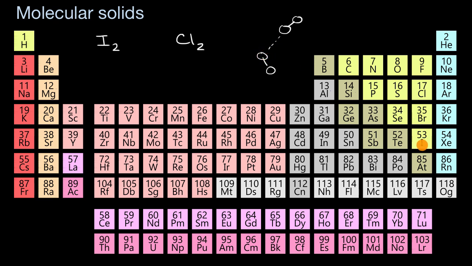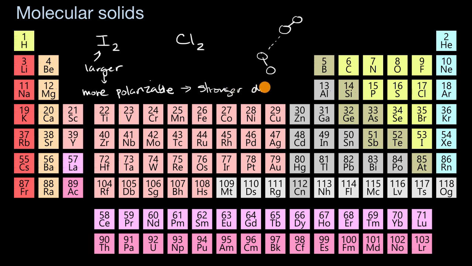And so if you compare iodine to chlorine, you can see that iodine is clearly a larger atom. And because of that, iodine is more polarizable, which means it has, generally speaking, stronger dispersion forces.